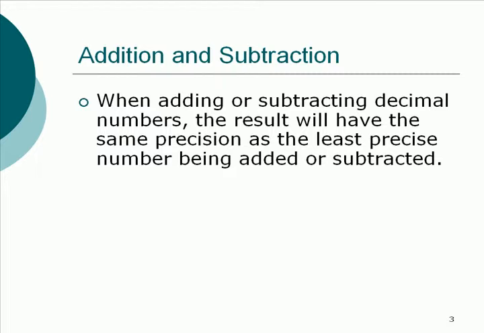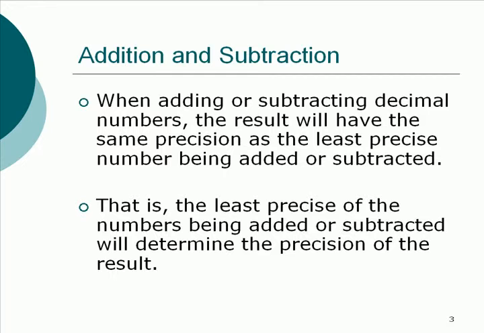If our population was to the nearest 1,000, we certainly can't get a result that's any more accurate, any more precise than the nearest 1,000. Saying that a different way, the least precise of the numbers being added or subtracted determines the precision of your result.